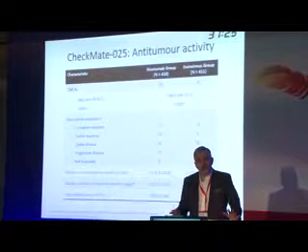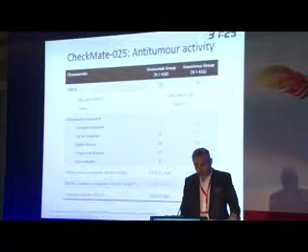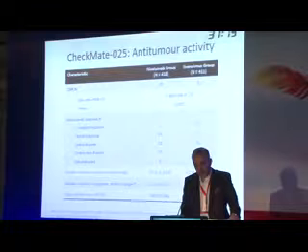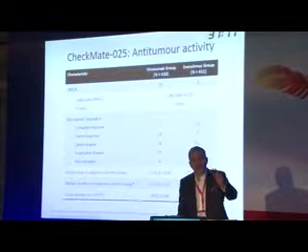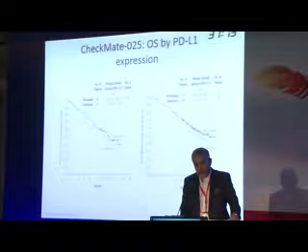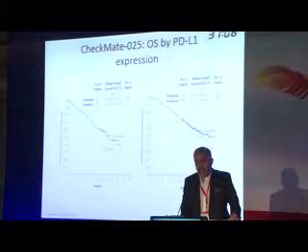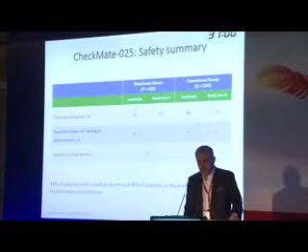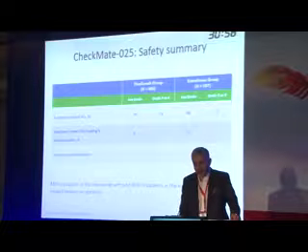If you see the overall response difference between everolimus and the immunotherapy treatment, again you see those 20% who made the significance in that benefit. PD-L1 did not predict response to the immunotherapy, so it was not really guiding which patients will benefit from immunotherapy or not. Now, the safety profile, as we mentioned, is that of a safe drug.